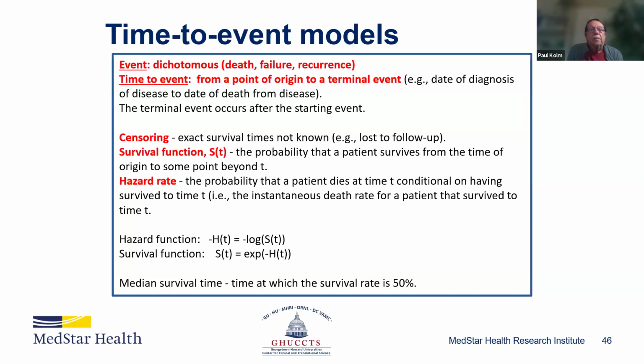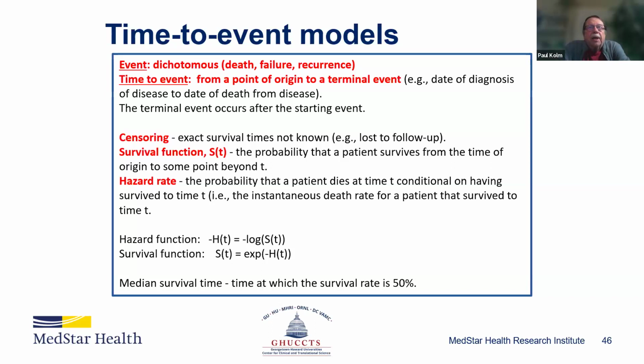The concept of censoring is very important in time to event models, because some patients will drop out of the study or be lost to follow-up, so you don't really know whether they actually survived or not. But we can use their time up to the point of losing their information. Those are called censored events.